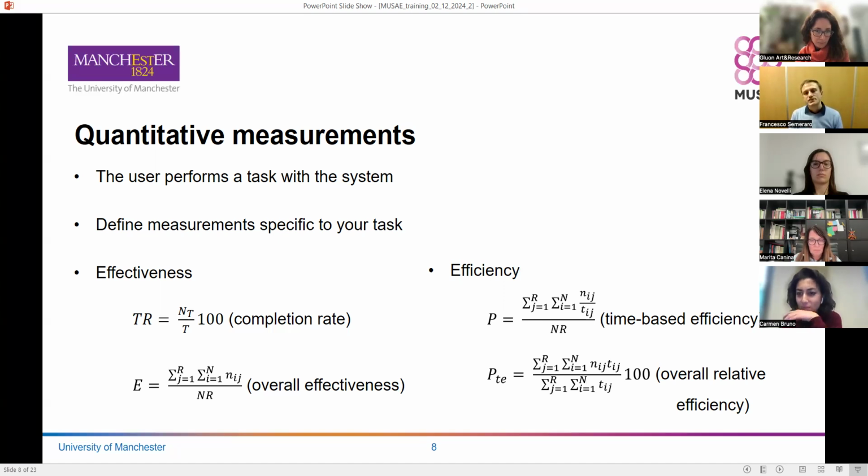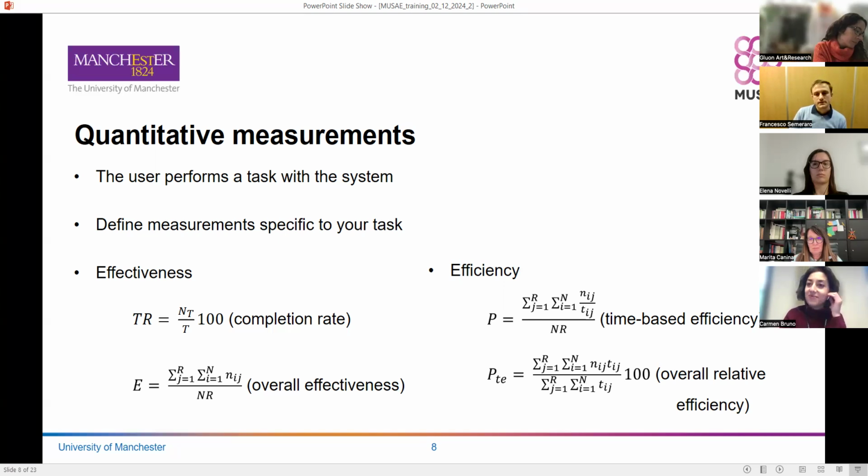Then you can also measure the efficiency of your system, and the efficiency is defined as the effectiveness proportional to the amount of resources that you spent during the interaction. One of the most common resources to consider during interaction with a system is time, for instance.